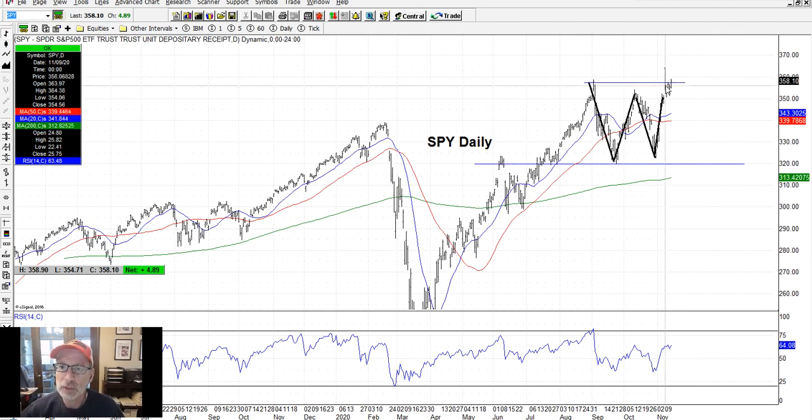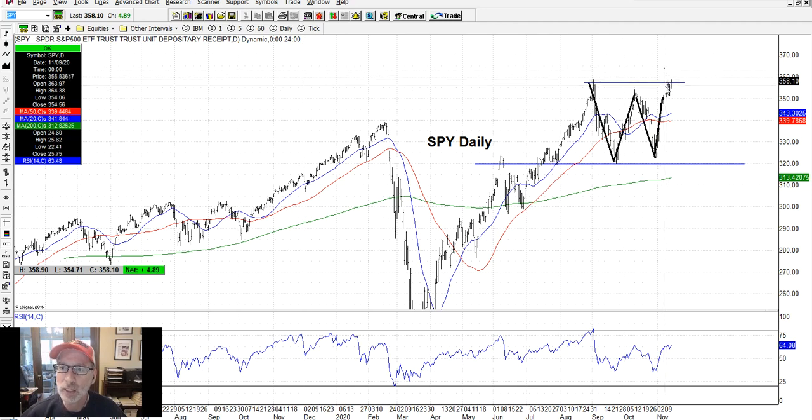Popped above the resistance line. Everyone was enthused. Pfizer came out with the announcement that their coronavirus vaccine was 90% effective in the trials. So everyone was really happy about that. That information came out, I think, before the market opened on Monday. And you see we just powered higher on Monday.